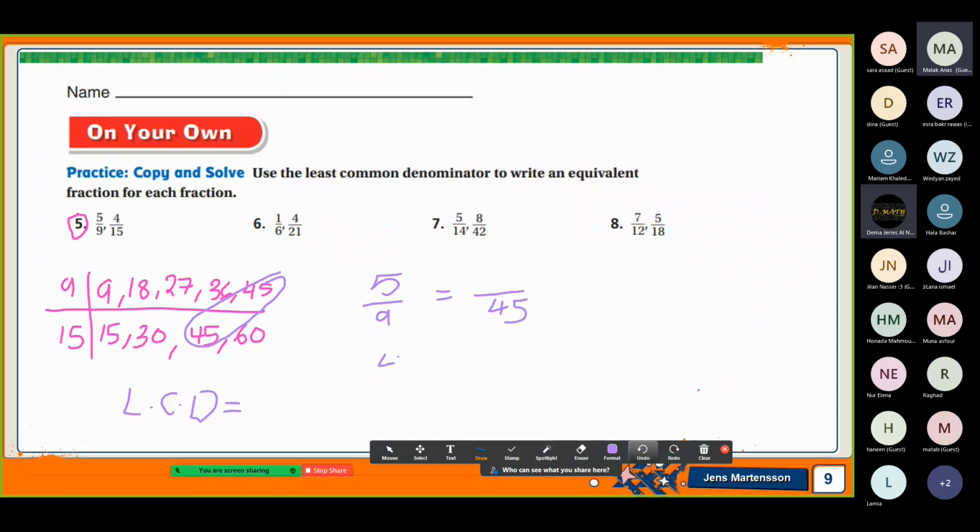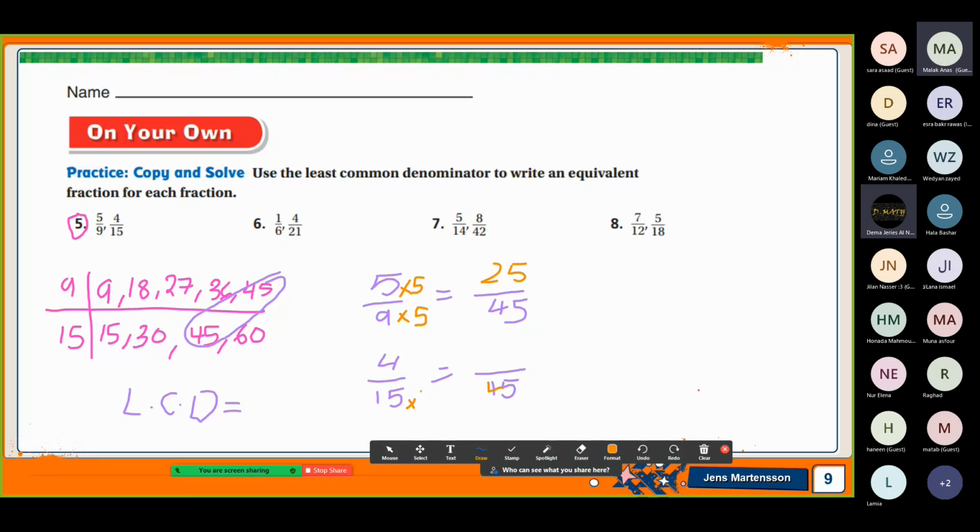Now how will you make 9 to be 45? You multiply it by 5, and the top by 5. 5 times 5 is 25. And how to make 15 to be 45?